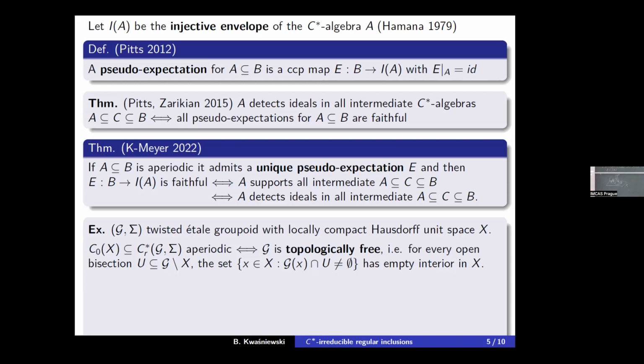So this implies, for instance, that if we have this unique pseudo-expectation, and if it is faithful, then we have all these nice properties.